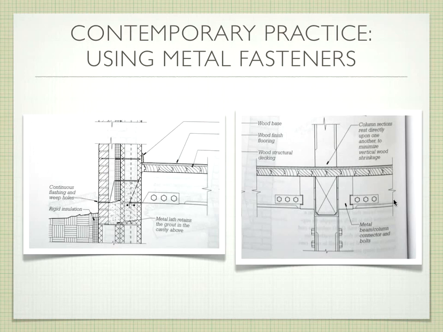Continuous column, runs all the way through. That's ideal. If they're broken, this will rest directly upon the column below it, to make sure that it's not going to shrink differently. Make sense? We're not relying on the beams to shrink.